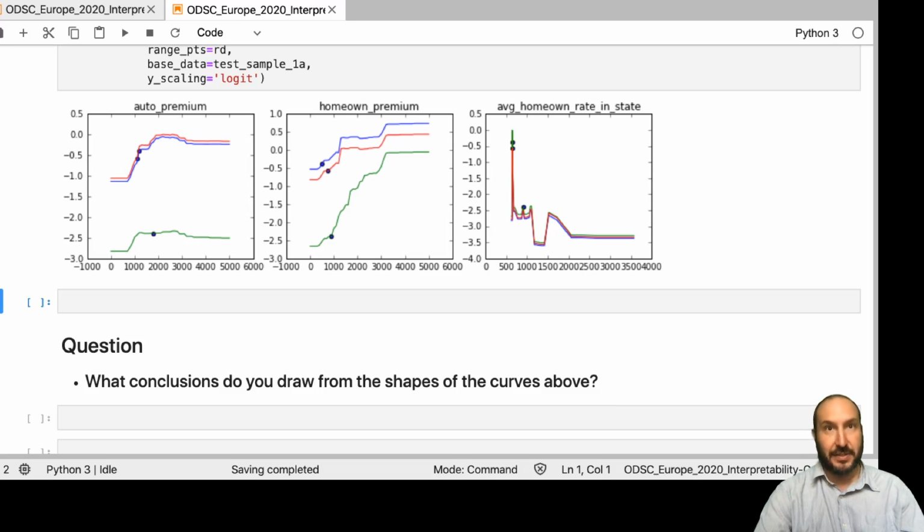So it's saying, given that you're in this particular state and you're paying this particular auto premium, as I increase your homeowner's premium, what happens to your probability of buying an umbrella policy? And now we see that it's always increasing. So this should give us comfort. This is a more coherent model. This makes more sense to us now, whereas before we couldn't explain that bump. Now we don't have that bump anymore.